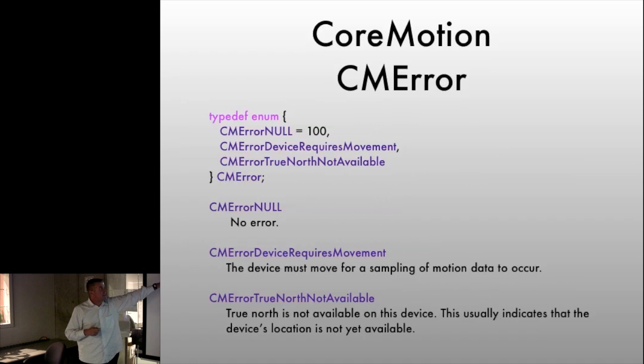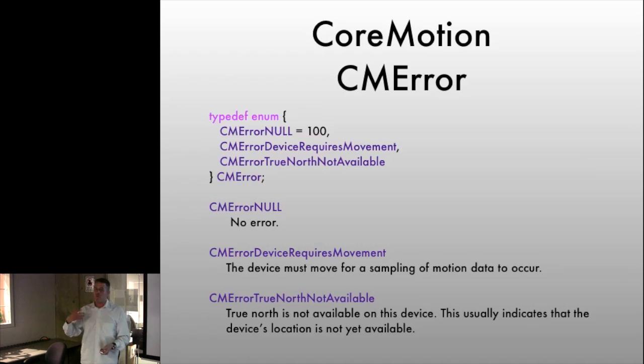The CM error, like I'd shown you previously in the blocks and your handlers, the error null is when there's been no error, and these are all enumerated constants. There's also a require movement error.